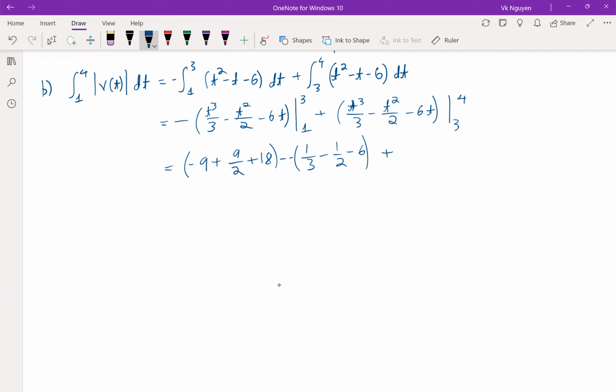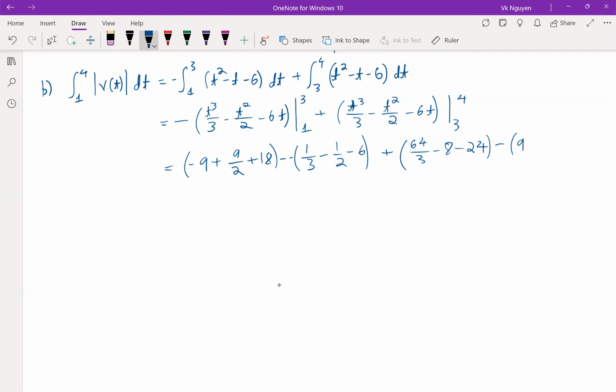On the other side, we have 4 to the power 3, that's 64 over 3. 4 squared, 16 over 2, that's 8. And 6 times 4 is 24. Okay, minus, plug in the number 3.